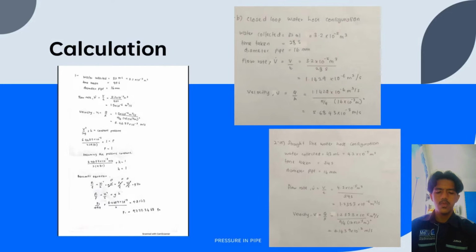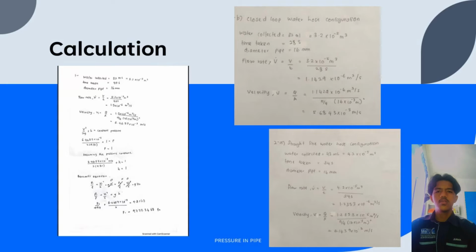The flow rate from the previous calculation is 1.3 exponent negative 6 meter cube per second, divided by pi over 4 times 16 millimeter squared. So the answer is 6.46757 exponent negative 3 meter per second.